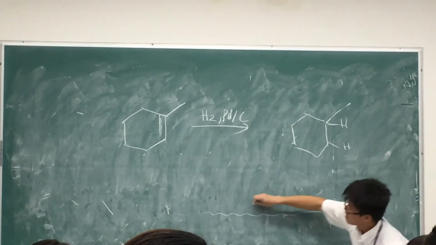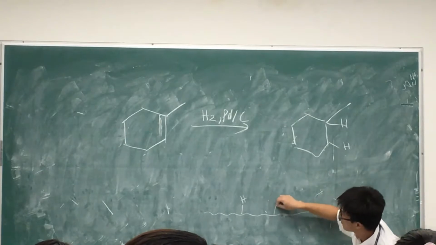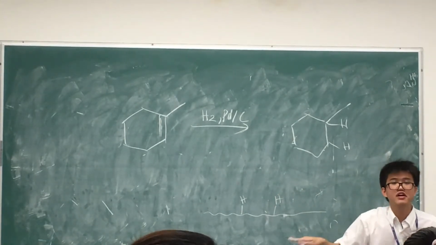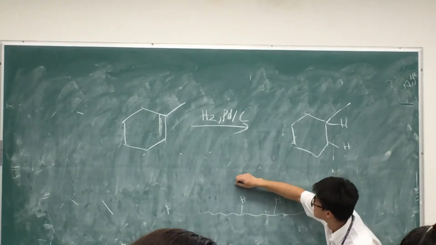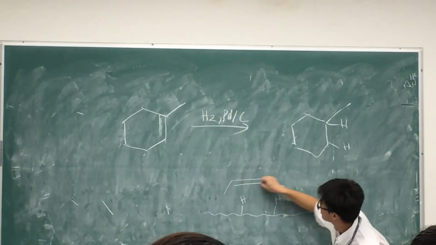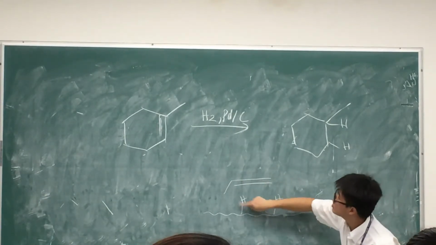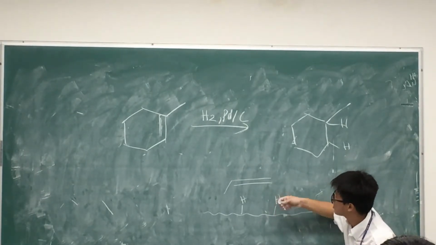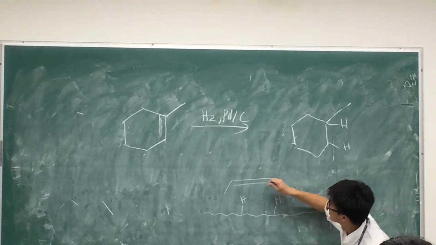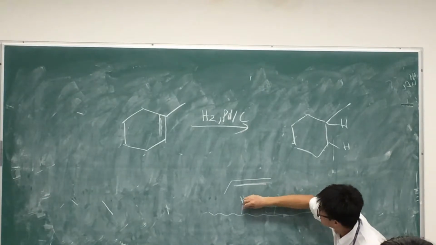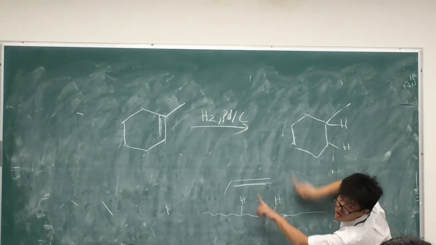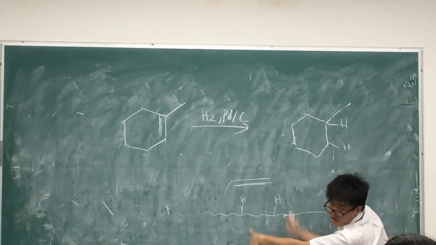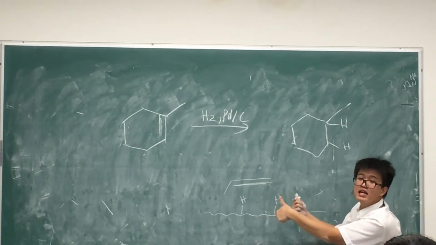Catalysts are metals, and they provide hydrogen on the surface. And when your alkene comes here, the hydrogens will transfer on the same surface. So that's why it is syn addition.